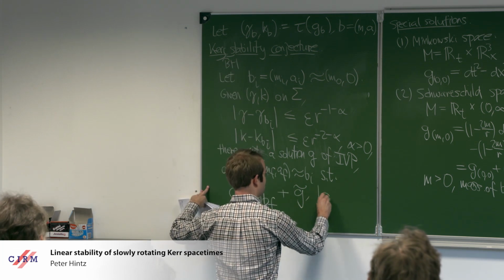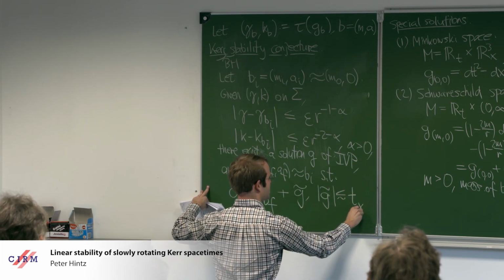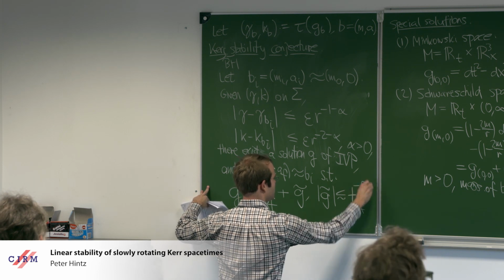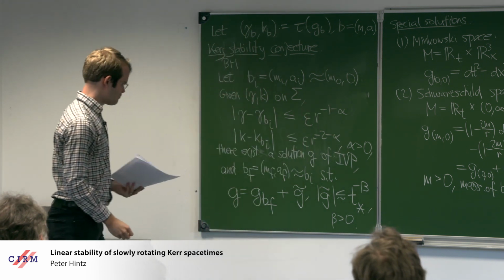And this error term g twiddle decays like, well, let me say t star to the minus beta for some constant beta, presumably depending on alpha.